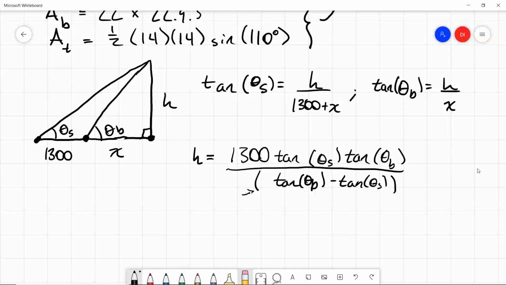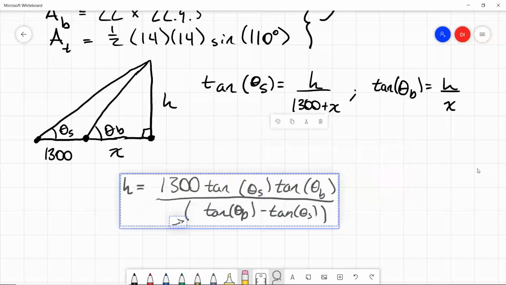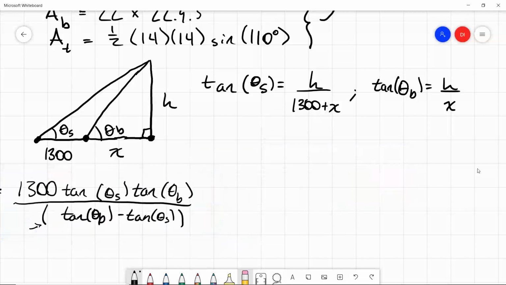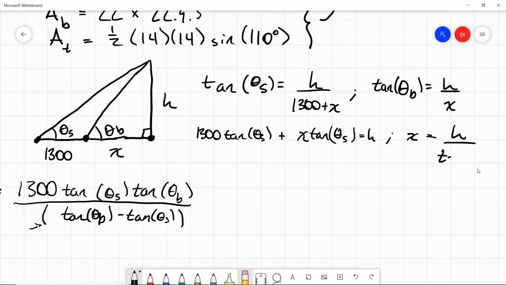Okay. Going through those steps more explicitly, I'll just move this over. We multiply the 1300 plus x across to get 1300 tan theta s, h, and then I just cross multiply that one, and it's a lot easier.